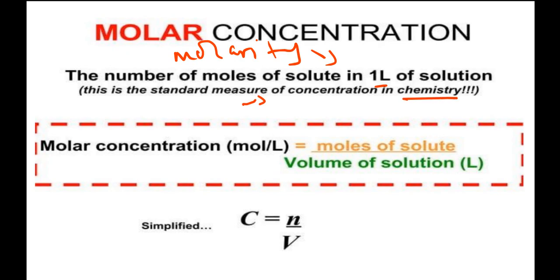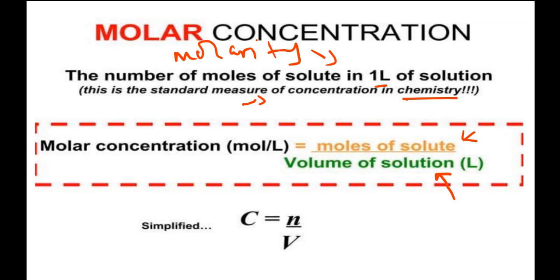We are going to be defining the concentration in moles and volume. So how do we find the molarity? We divide the moles by the volume. You'll be given the moles and the volume, and when you divide them, you find the concentration, which we call the molar concentration.